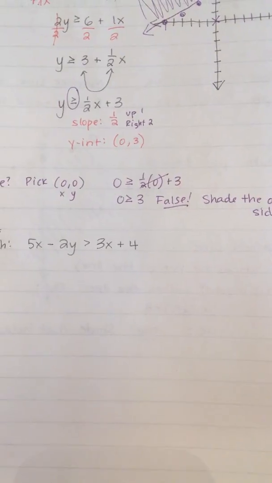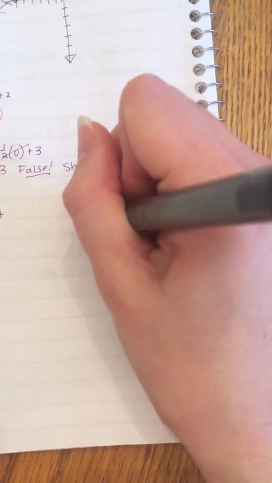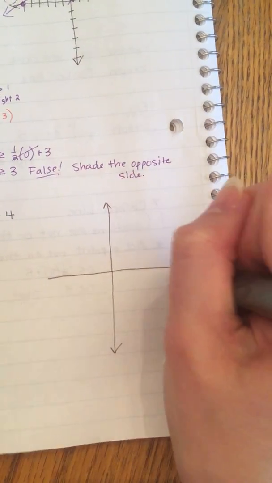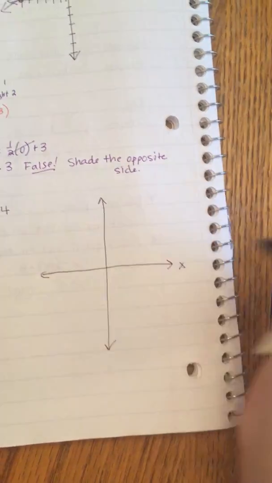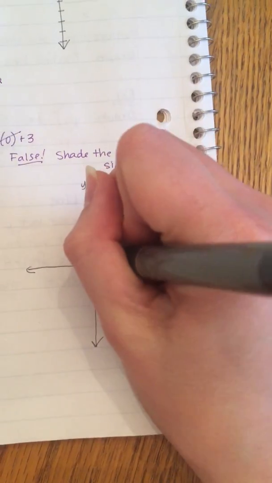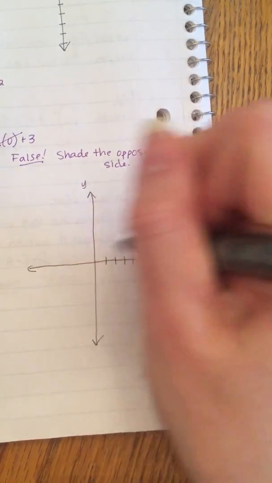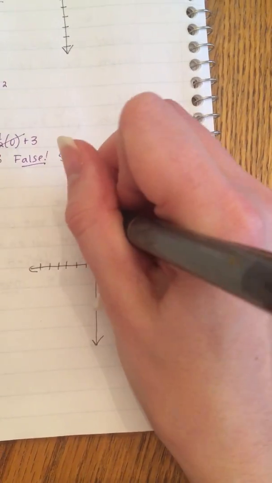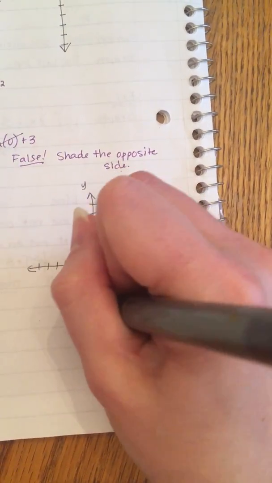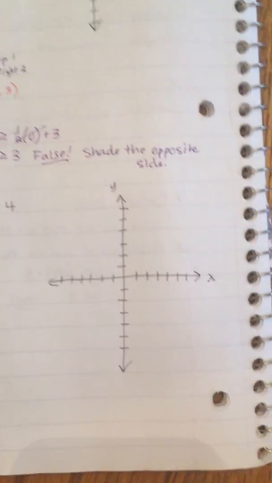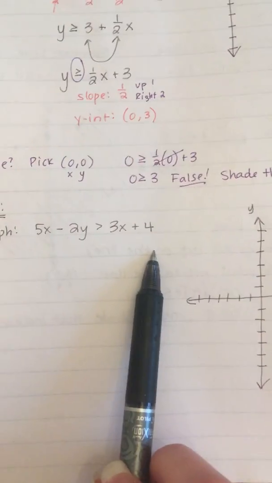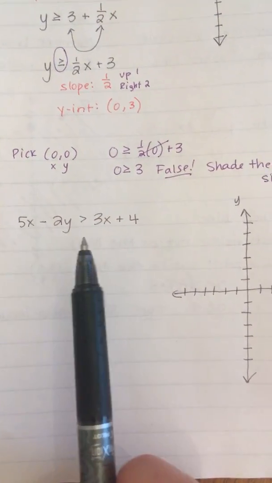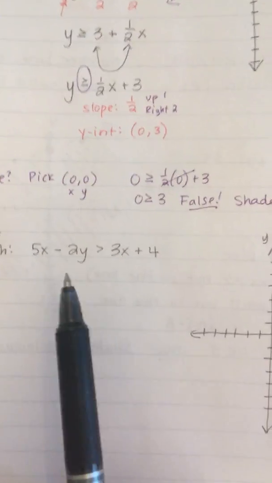Okay, let's go ahead and draw the coordinate plane. Okay, so if I go back to my inequality here, notice how this is not in standard form, it's not in point-slope form, it's not in y-intercept form. It's really just not in any form.